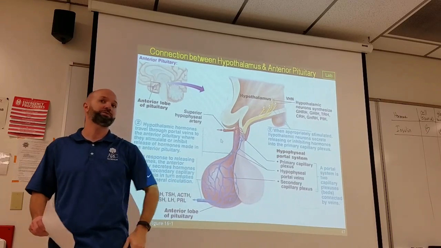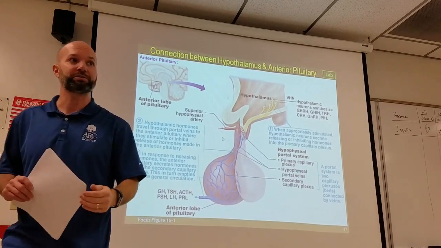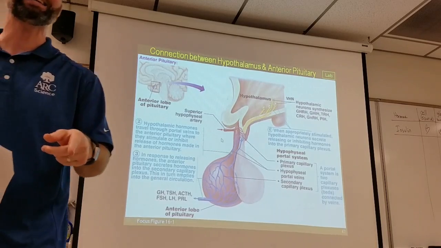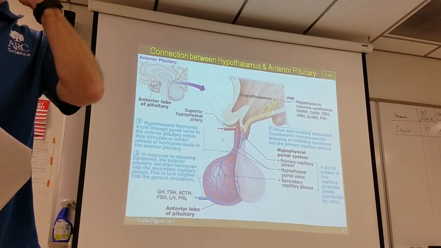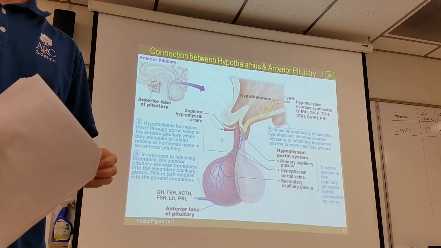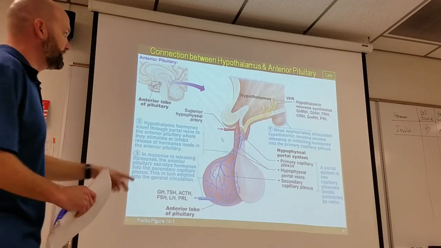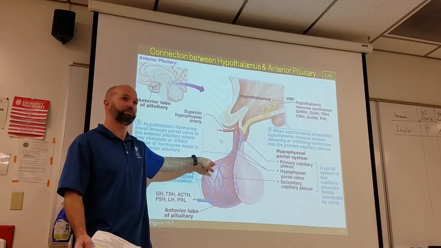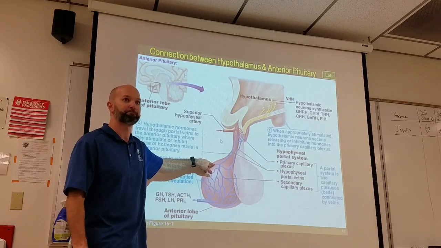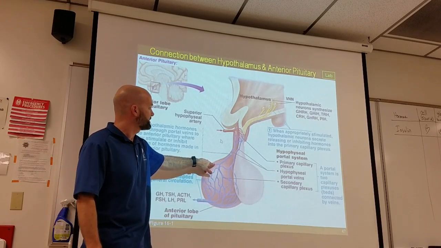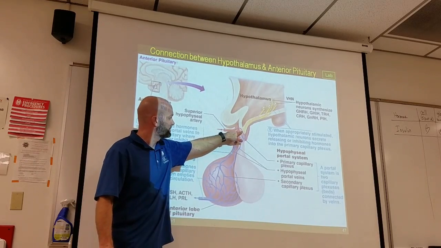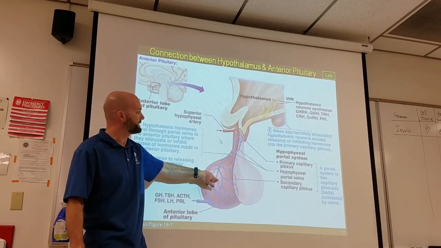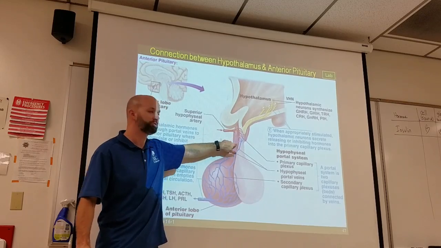There are two portal systems we'll cover this semester. Hepatic portal system, and where's that one going to be found? Liver, hepatic. And this one, the hypophyseal portal system, the pituitary. So that's how we get these hormones down here to the anterior pituitary. They go into that portal system.